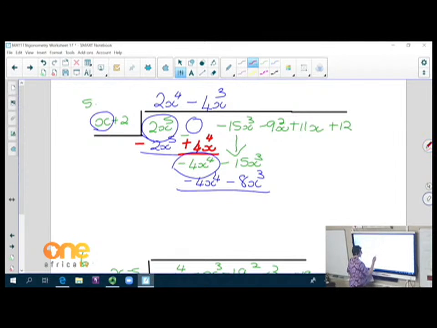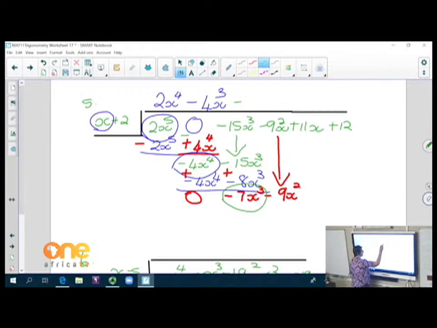And we subtract and we change the second signs. Look here, this is often where you go wrong. Negative 15 plus 8 is negative 7x to the power of 3, bringing down the negative 9x squared. Right, how many times will x divide into this one?